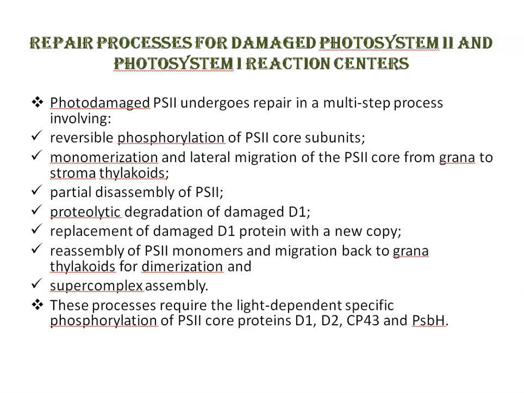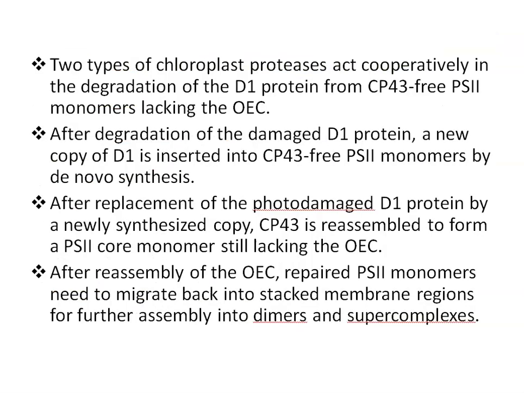PSBH, photosystem 2 core protein H. Now, two types of chloroplast proteases act cooperatively in the degradation of D1 protein from CP43-free photosystem 2 monomer lacking the OEC. After degradation of damaged D1 protein, a new copy of D1 is inserted into CP43-free photosystem 2 monomers by de novo synthesis.